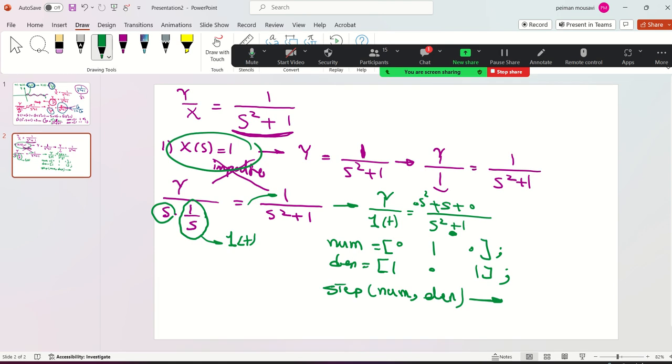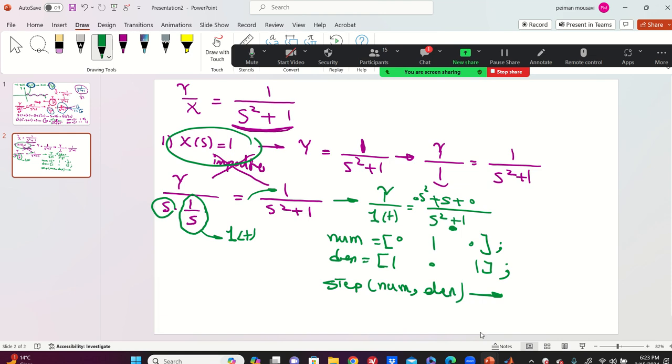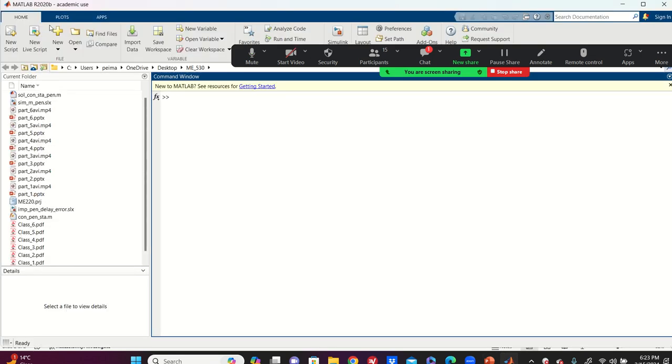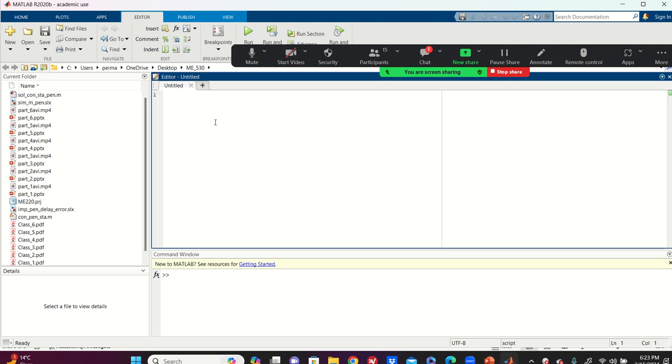And also I'm gonna share the MATLAB file with you. So you open a MATLAB file, and first of all, you say clear all. Always do that. You say num is 0, 1, 0, as we said.